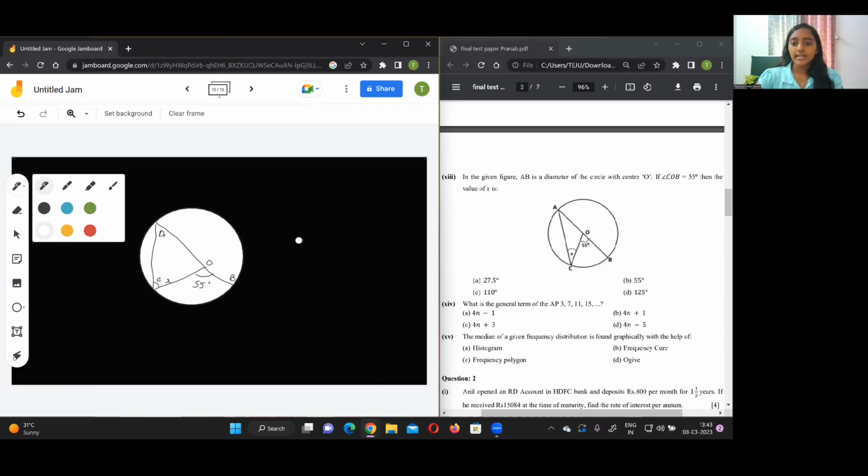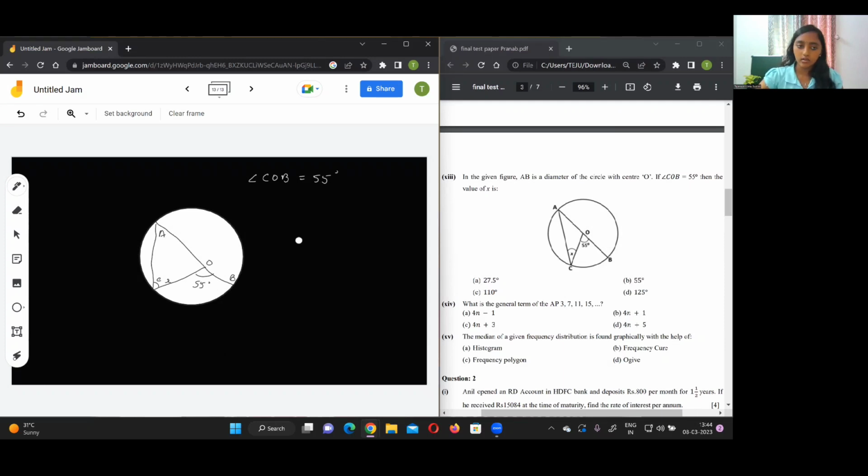So what they're saying is AB is the diameter of the circle, with center O. O is not exactly the center in the drawing, but assume it is. If angle COB is 55 degrees, which is given, we know from the theorem that the angle at the center is double the angle at the circumference.